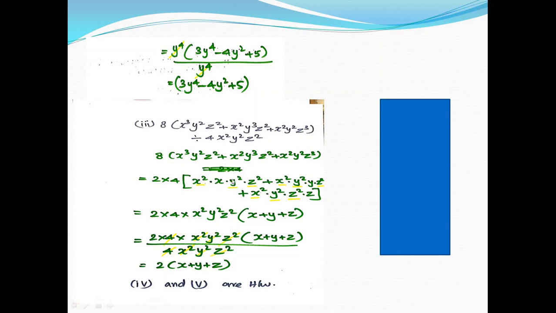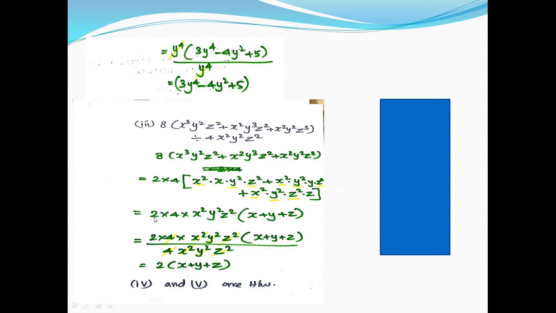Now we got the common factors x square y square z square. In the second term, x square y square multiplied by y cube can be written as y square multiplied by y multiplied by z square. The last term, x square multiplied by y square multiplied by z square multiplied by z, because this is z cube. So we got the common factors x square y square z square for all the three terms.